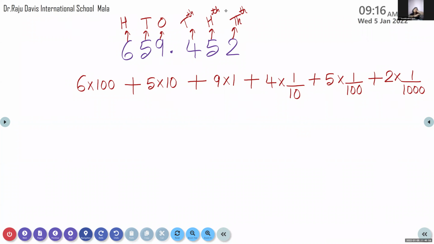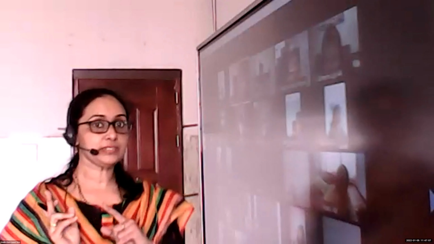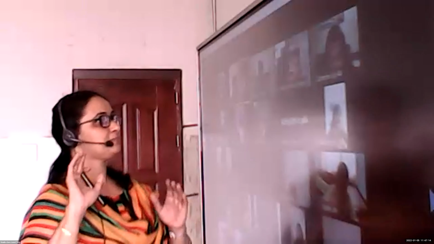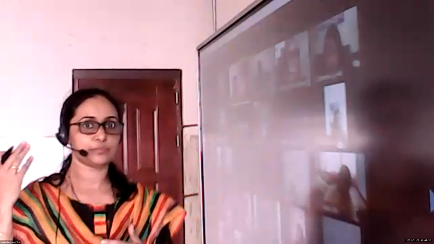So before the point, the places are ones, tens, hundreds, thousands. After the point, the places will begin with tenth, hundredth, thousandth, ten-thousandth. It will go on like that. And after the point, when we write the expansion, it will be 1 by 10, 1 by 100, 1 by 1,000, like that.